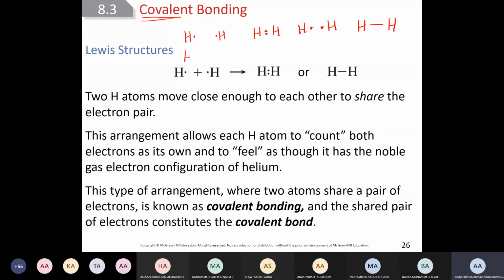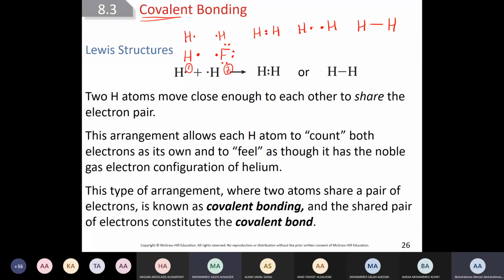But if there is hydrogen with fluorine, the fluorine would like to have 8 electrons around it. How many around the hydrogen? 1. And how many around the fluorine? 7.